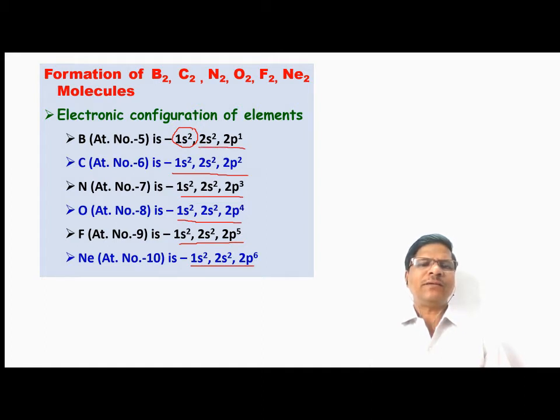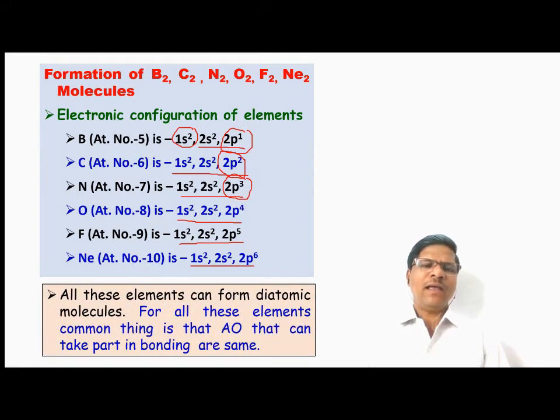All these elements have the 2s and 2p orbitals in the outermost shell. The number of electrons goes on increasing in the p orbital: for boron 2p1, carbon 2p2, nitrogen 2p3, oxygen 2p4, fluorine 2p5 and neon 2p6. So the common thing in these elements is the 2s and 2p orbitals in the outermost shell.